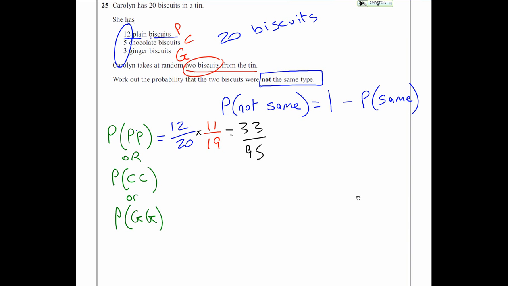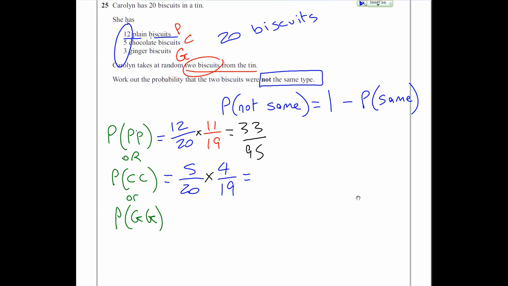Chocolate then chocolate. Now before any are taken out, there's 20 biscuits. There's 5 that are chocolate, so it's 5 out of 20. Once you've taken a chocolate biscuit out, there's only 4 chocolate left to choose and 19 to choose from.